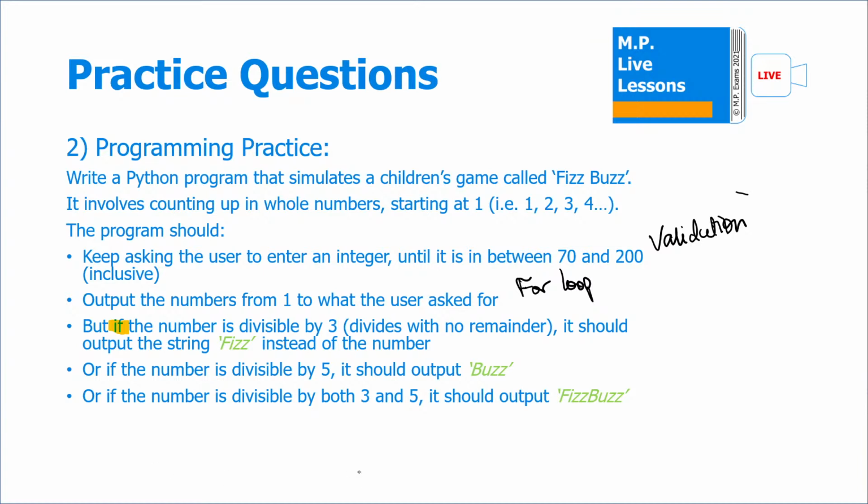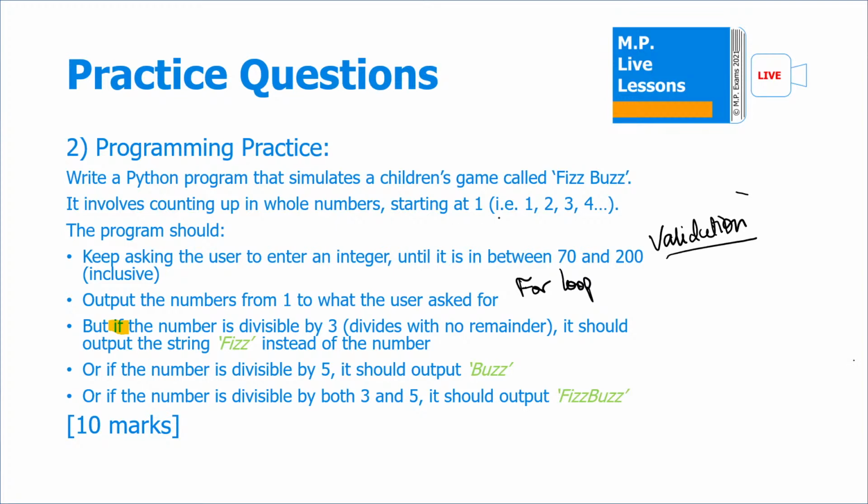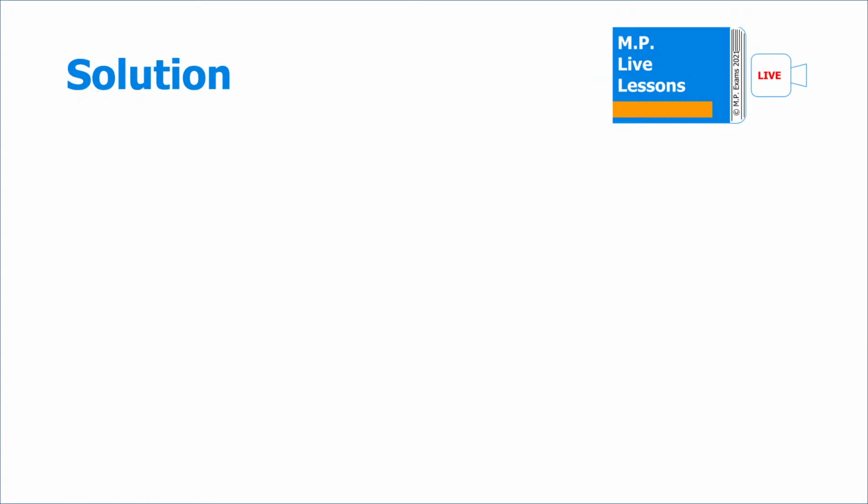Now, a common solution would be to first get the basics out of the way. So that's our validation and for loop. So we're going to start with our validation loop.